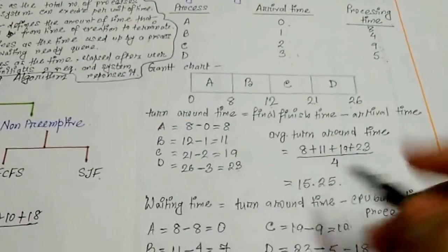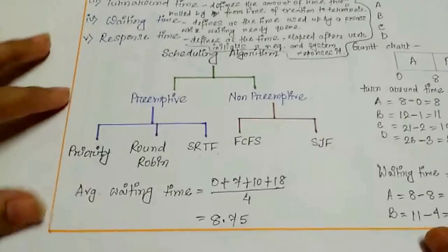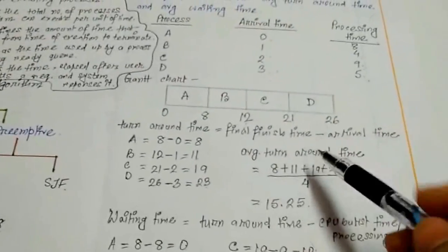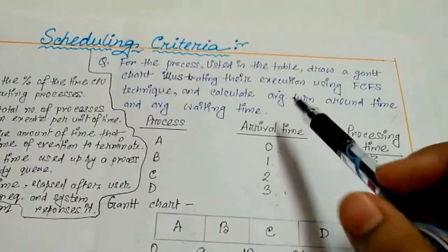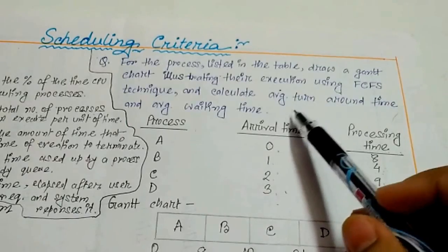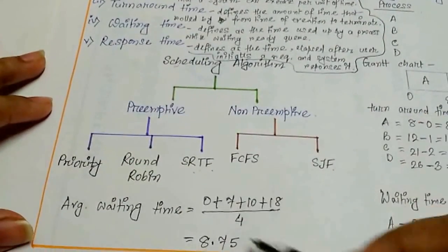Now we have the average waiting time and the average turnaround time. This is what we had to calculate in the question. These are the answers.